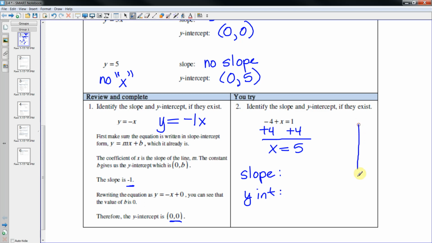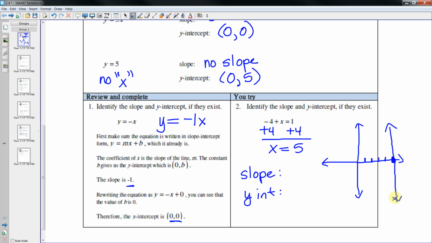So let's think about this. We've done these before where we have had just x equals a number or y equals a number. And if we had x equals a number, we mark that number on my x-axis, 4, 5. And if you'll remember, since I don't have a y, this graph would be a vertical line at x equals 5.